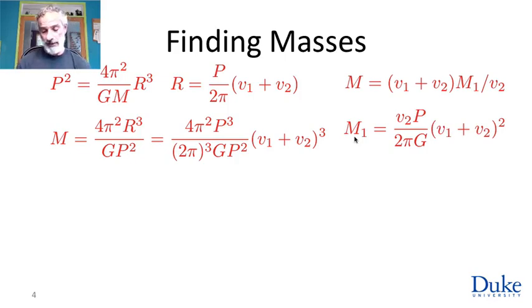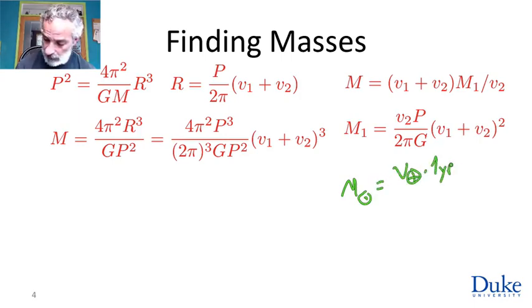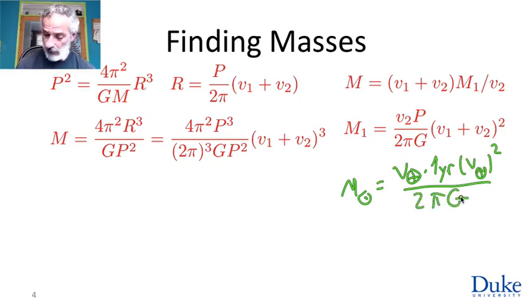Of course, it's easiest to assess this by scaling it relative to the Earth and the Sun. I have that the mass of the Sun is equal to the speed of Earth times 1 year times, since the speed of the Sun is negligible, the speed of the Earth squared, divided by 2 pi G. And then dividing one expression by the other, I get my happy scaling formula.